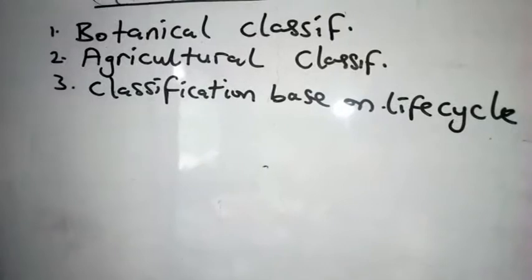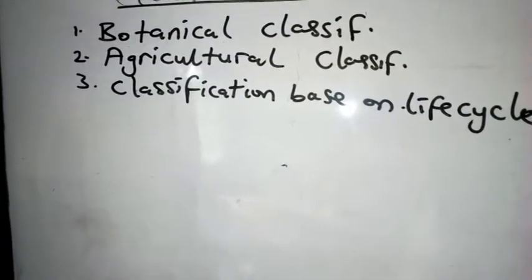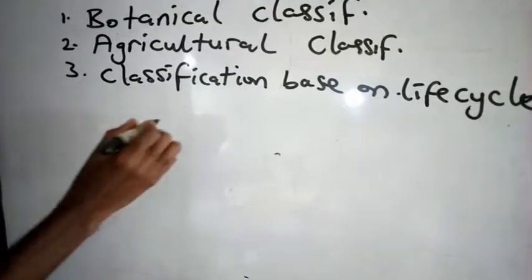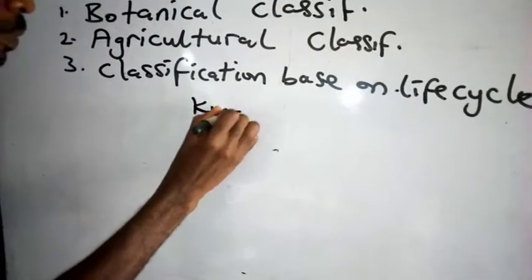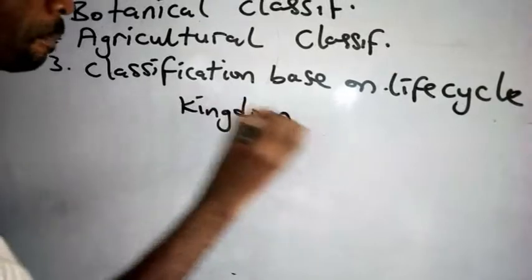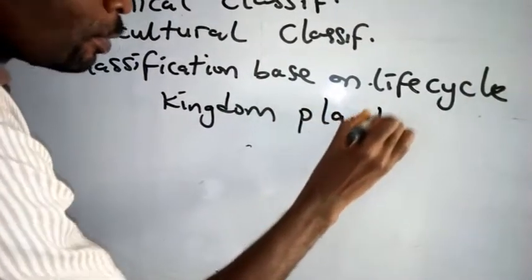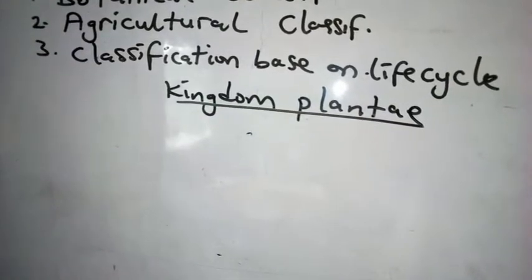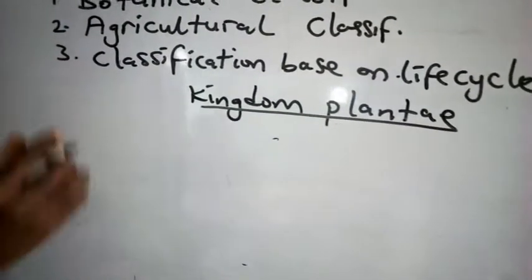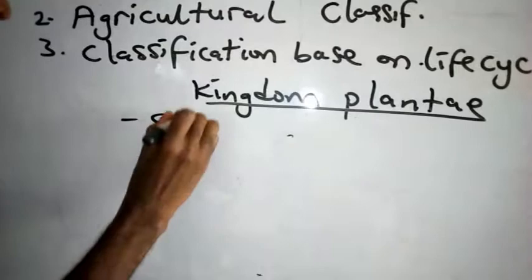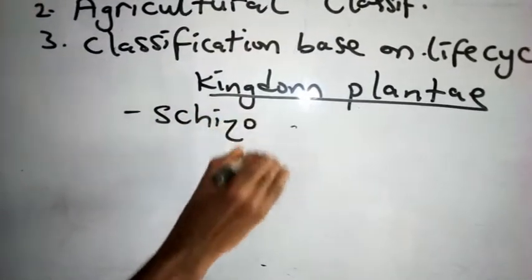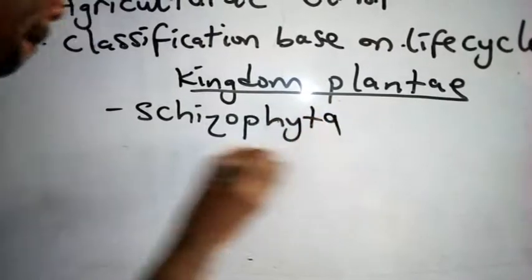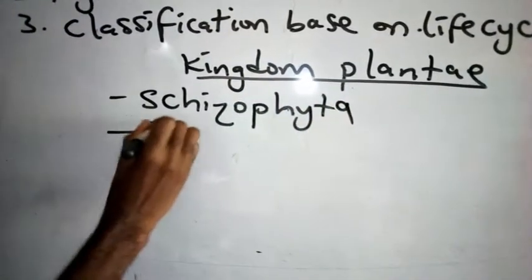When we talk of botanical classification, I want to take your mind back to the first term work, where we had the kingdom Plantae. I hope you still remember this kingdom Plantae. Kingdom Plantae is made up of various taxonomies, starting from the schizophyta. Then we have the thallophyta.